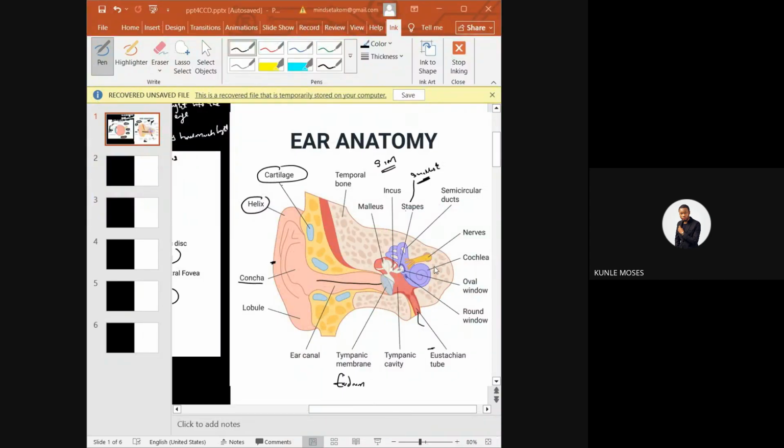It is the membrane where transmission occurs into the inner ear. All the sound coming from the external ear to the middle ear passes through this oval window. And we have other things. You can read on the nerves, this cochlea, this round window, and all. So let's quickly move to another thing.